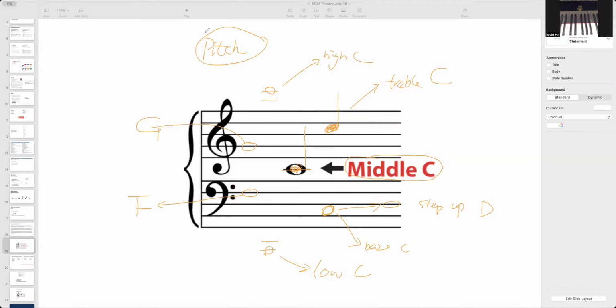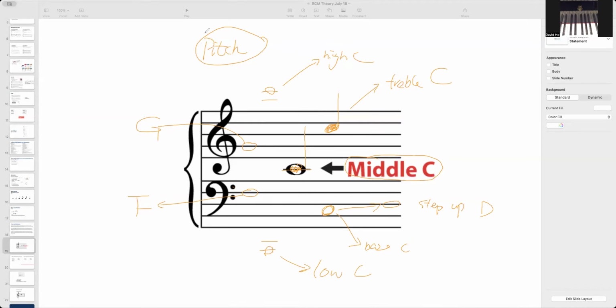And last week, we studied intervals. Intervals is about the distance between two notes.